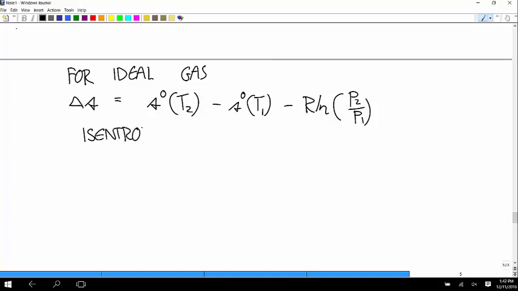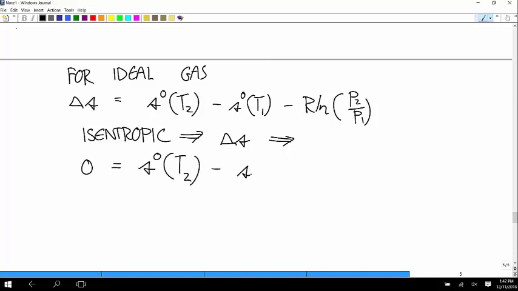Isentropic, if the entropy stays the same, that means there's no change in specific entropy. And so we're going to use this equation. 0 is equal to S0 for the later temperature minus S0 for the earlier temperature minus R times natural log of P2 over P1.